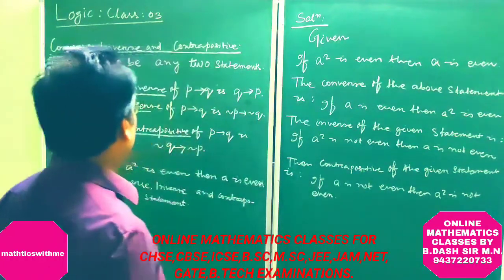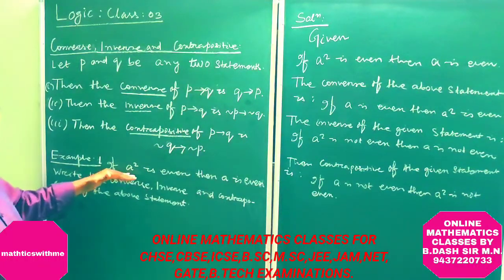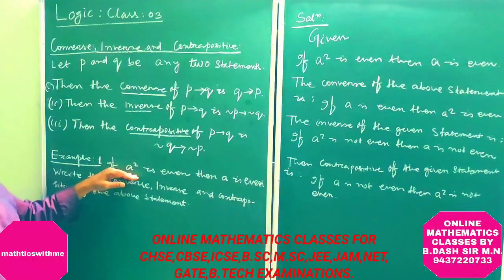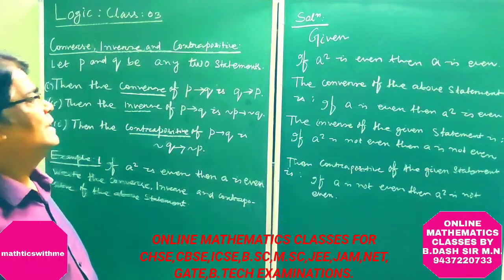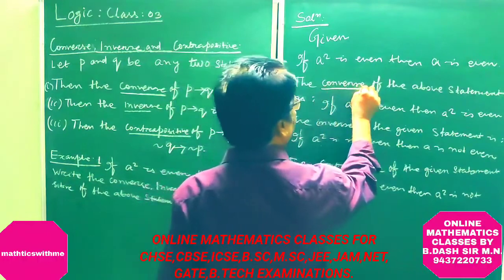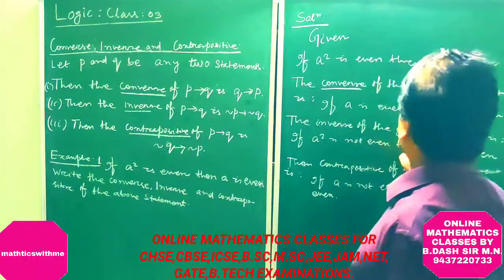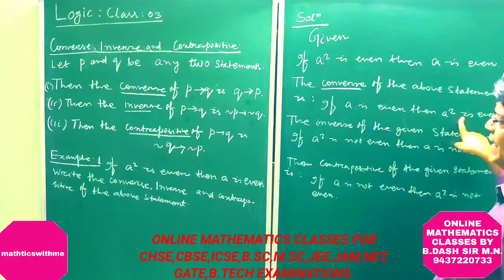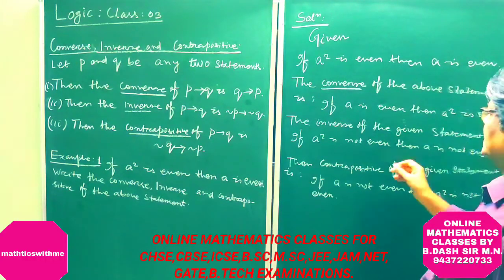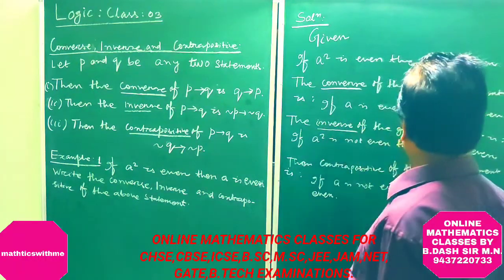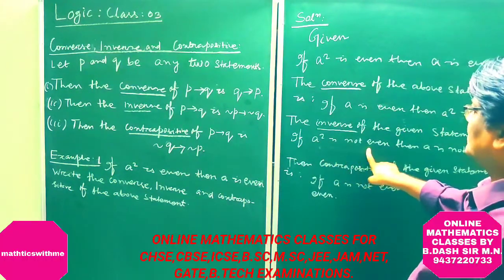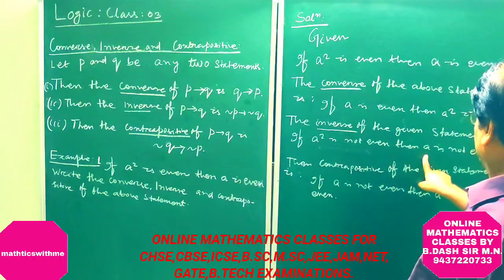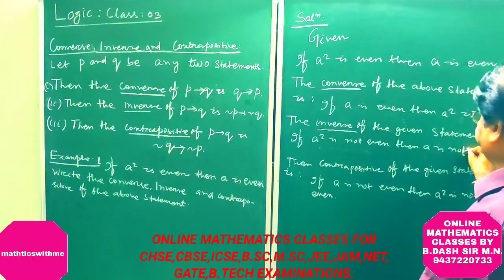So here the question is, if A square is even, then A is even, and we have to write the converse, inverse and contrapositive. The converse of the above statement is, if A is even, then A square is even.